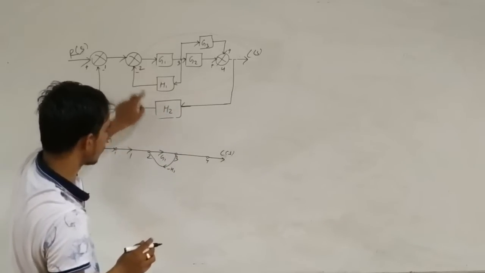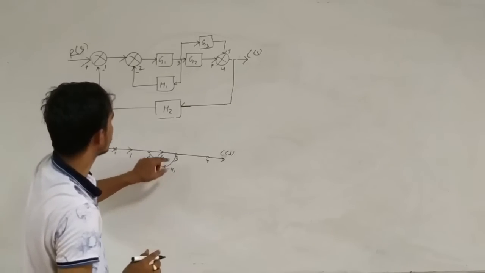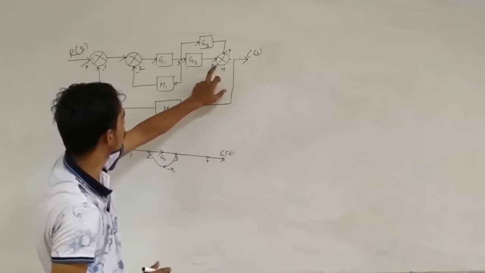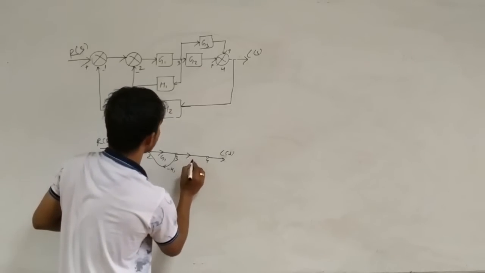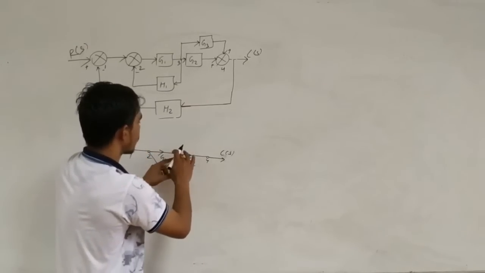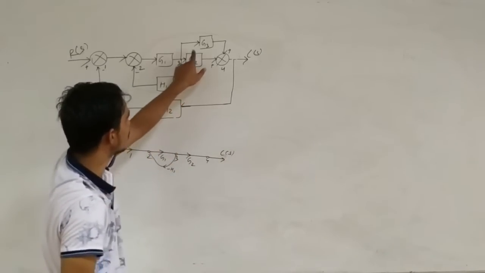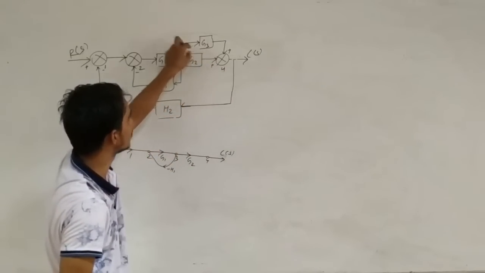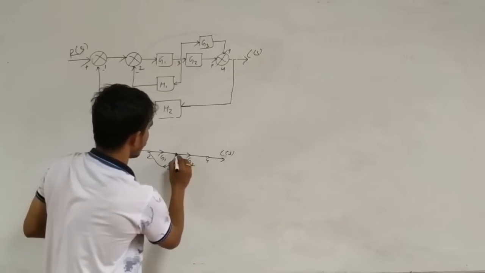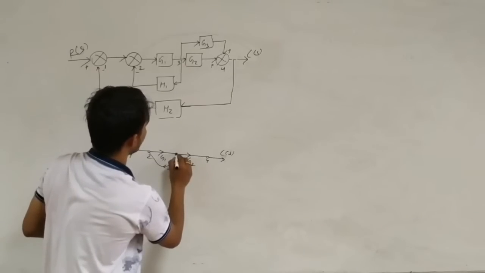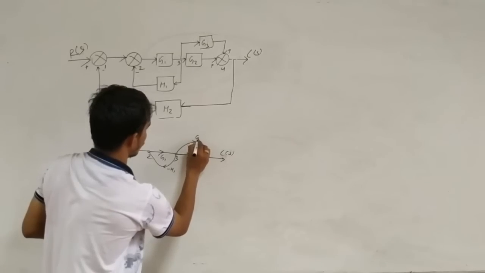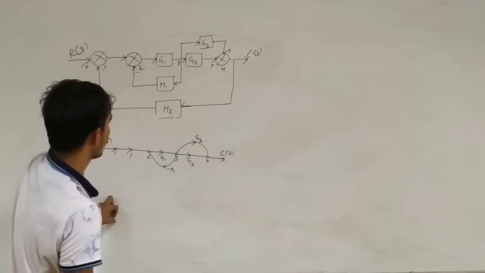Similarly, node 3 to 4, this forward path has transfer function G2, and there is another forward path, G3.